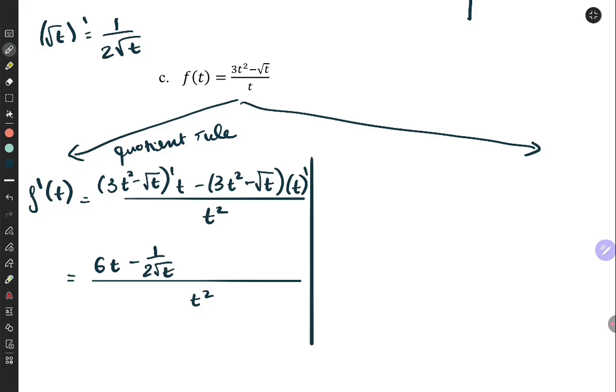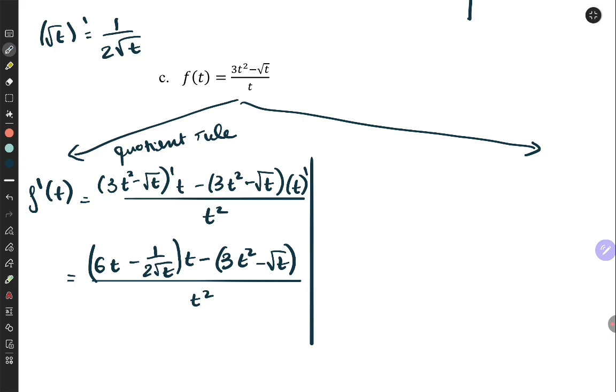So minus 3t square minus square root of t times 1.